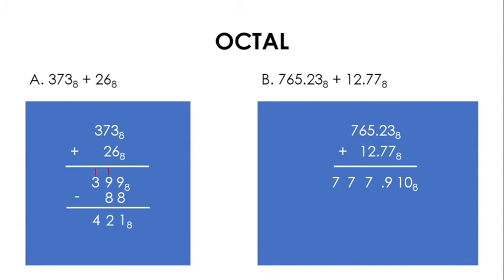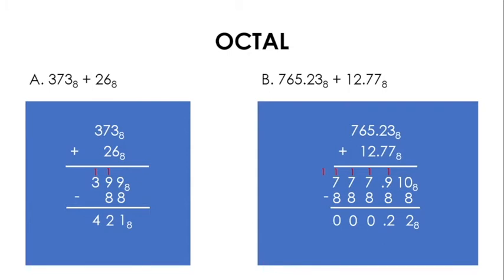Since 10 is greater than 7, we will have to subtract. So 10 minus 8 is 2, carry 1. 10 minus 8 is still 2, carry 1. 8 minus 8 is 0, carry 1. 8 minus 8 is 0, carry 1. 8 minus 8 is still 0, so we have to carry 1.